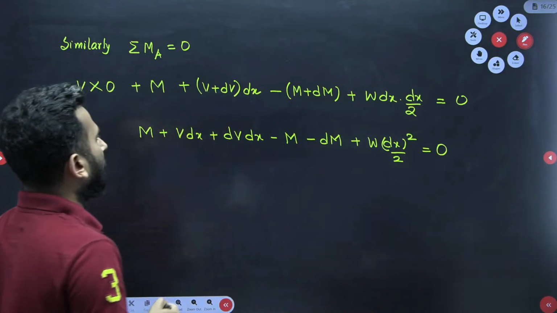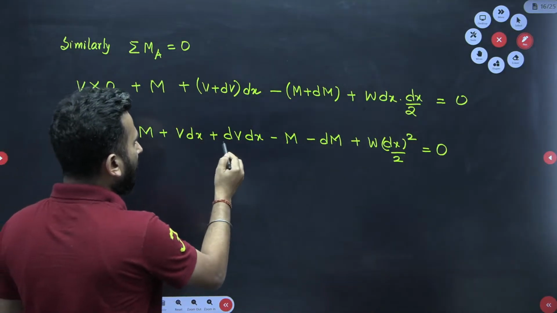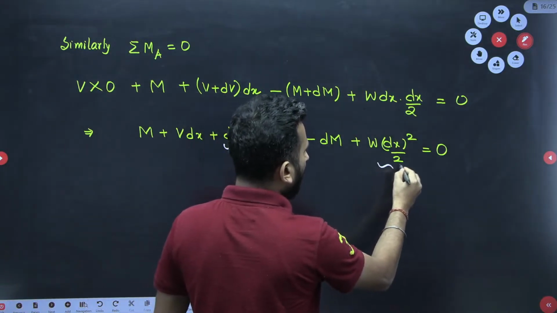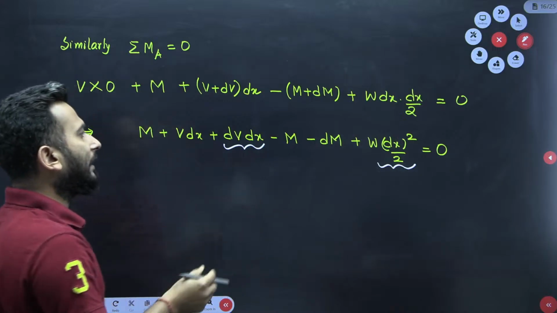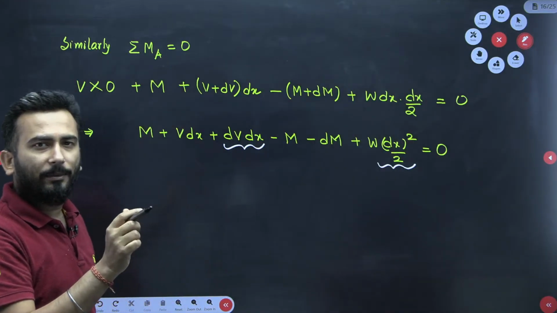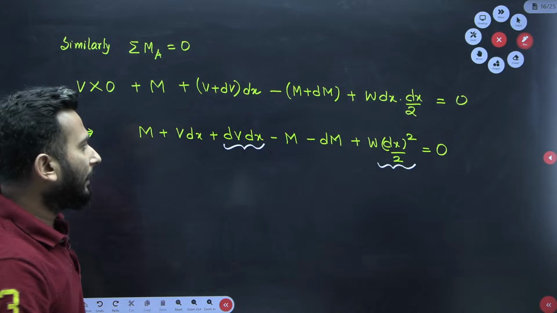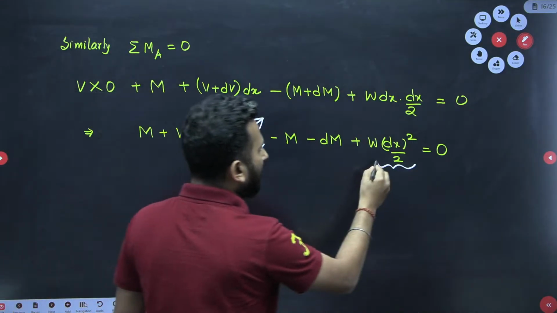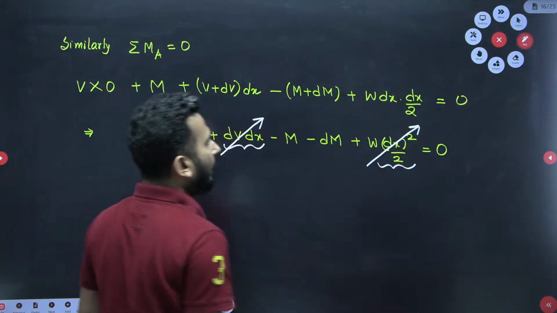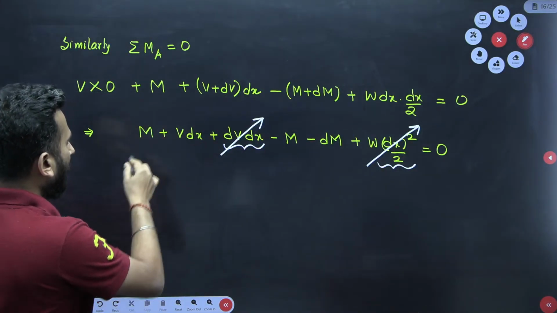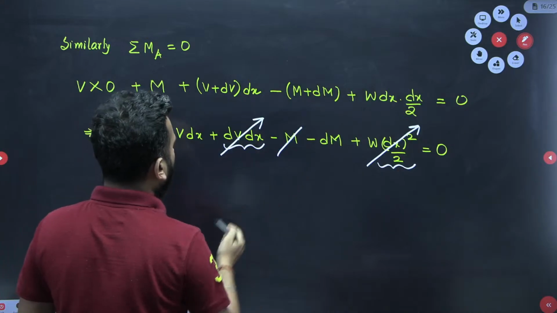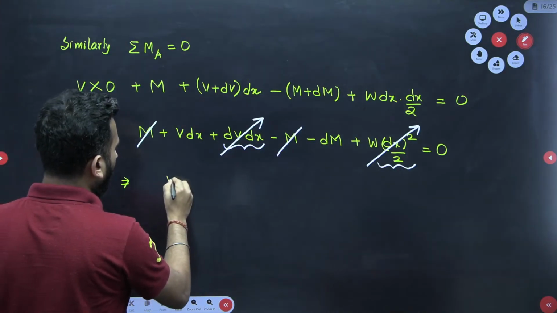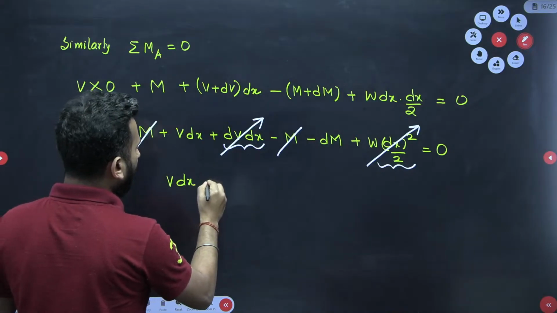Now dV into dx, this term, and dx into dx, this term, originally dx and dV are very small terms, so we can neglect them. The product of two small terms is negligible. Again M and M you can neglect, and what is left? V dx is equal to dM.